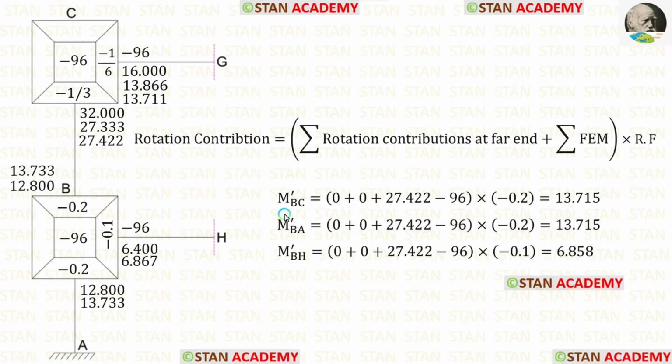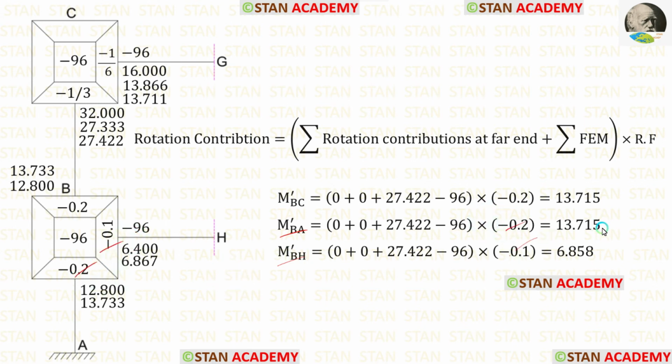Now let us find M'BC. At point C, we have the rotation contribution. Let us apply that. Then let us apply the summation of fixed end moments. Then let us apply the rotation factor for BC. After the calculation, we will get M'BC. To find M'BA and M'BH, we have to apply the rotation factors.